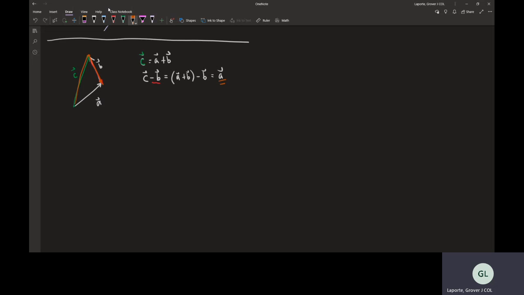I just wanted to point that out. Understand the tip to tail method, and we will need it when we set up the linear regression problem.